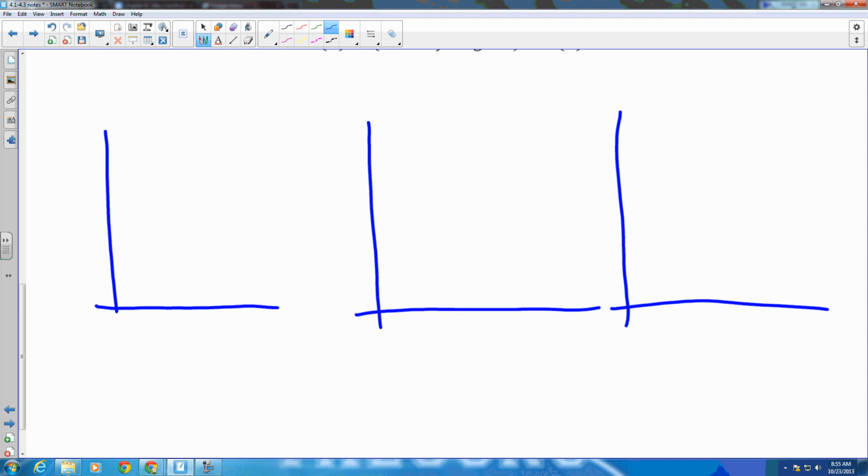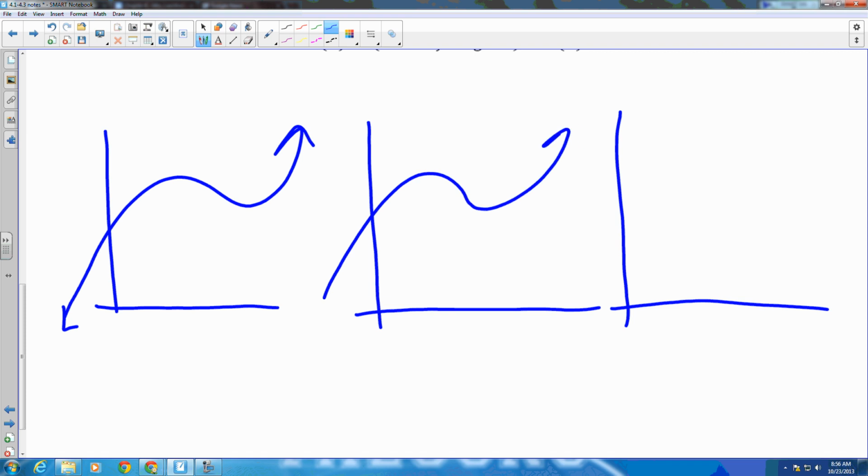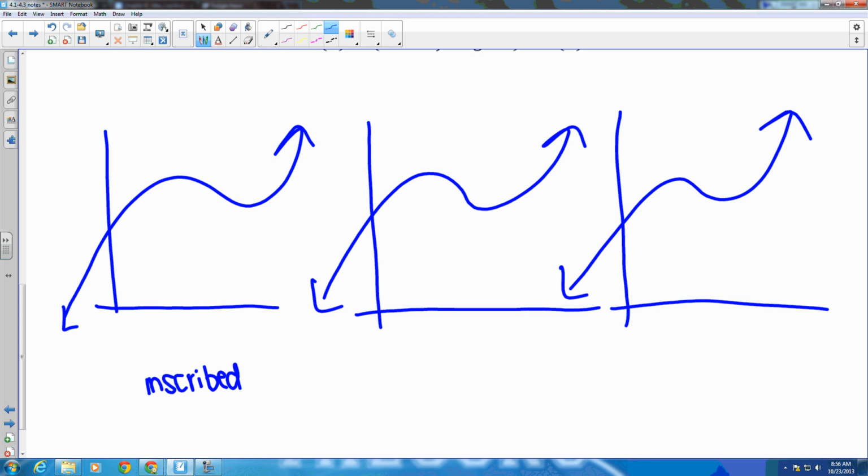We're going to have the same function every time, or very similar. Inscribed is where all of our rectangles lie underneath and never cross over the function.